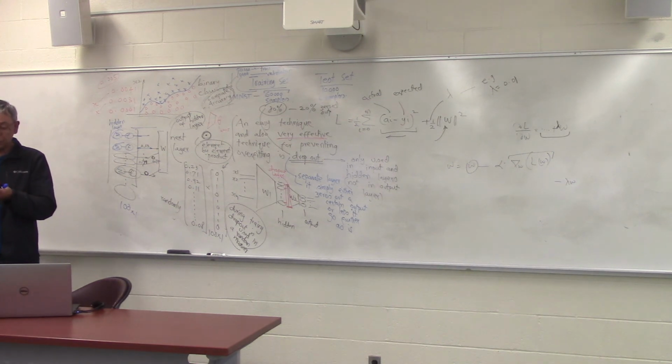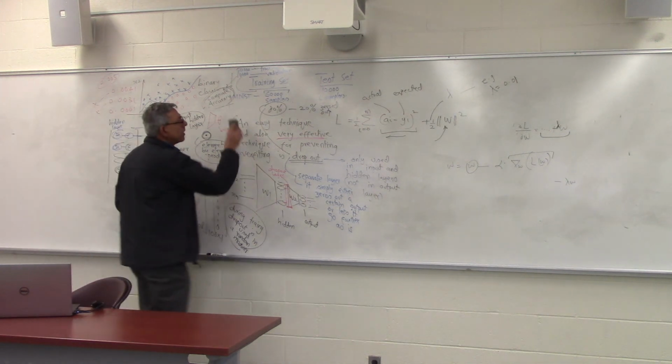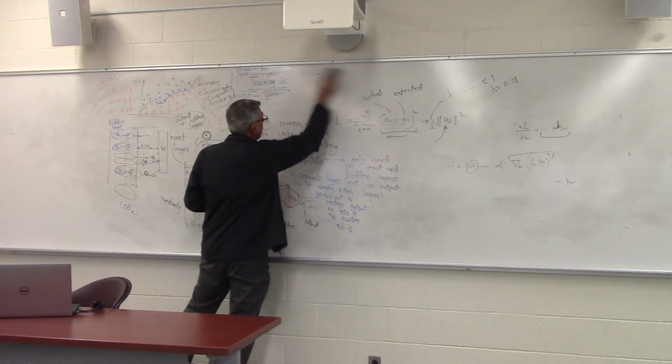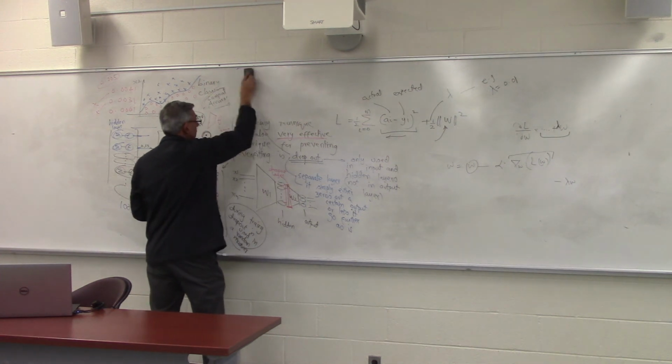Let me make one comment and then I'll give you a break. This is a very important concept, related to nonlinear optimization theory. At the end of the course, we'll come back and go deeper into it mathematically.